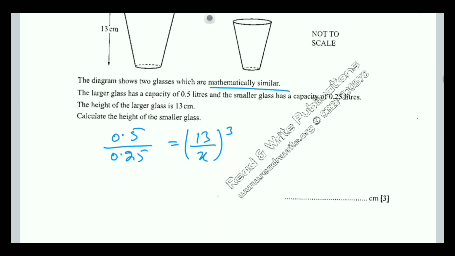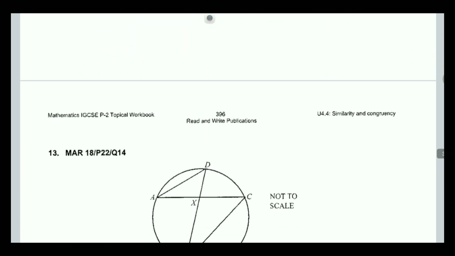So you will make x the subject by taking cube root on both sides, because x is with cube. You will make x the subject like I have explained above. So you will put it in calculator and you will get your final answer, that is 10.31.